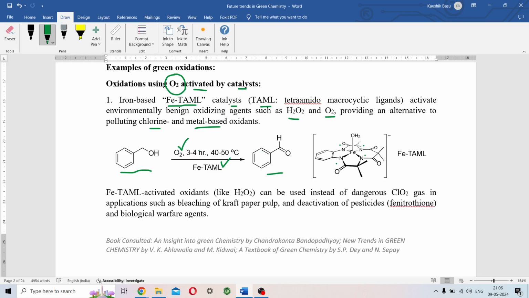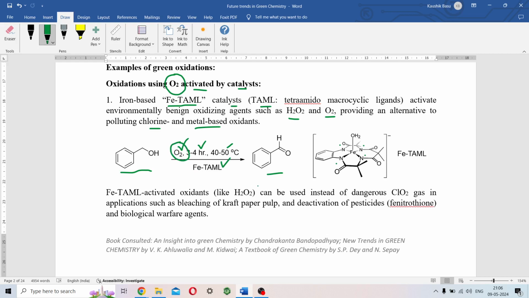It's a reasonable reaction with a 3 to 4 hour time period, and only 40 to 50 degrees centigrade. But most importantly, you are avoiding chlorine based or metal based oxidants, and you are using environmentally benign oxidizing agent oxygen.